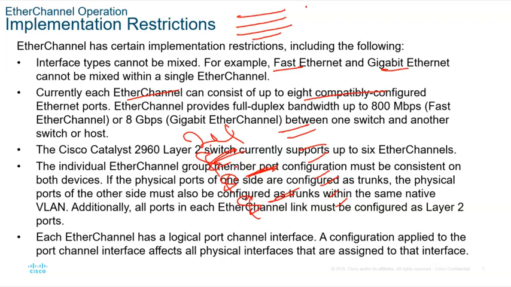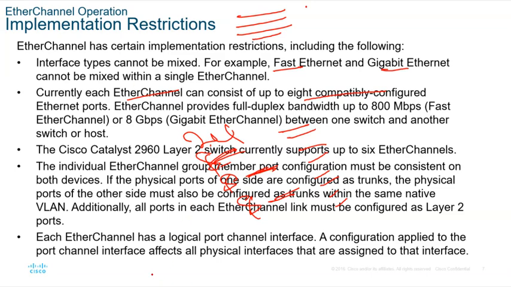But now if you reduce them, look at the number of groups that we need on a switch. They should not exceed 6. So you have to play around with that. The number of ports per group should not exceed 8. The number of groups per switch should not exceed 6, period.